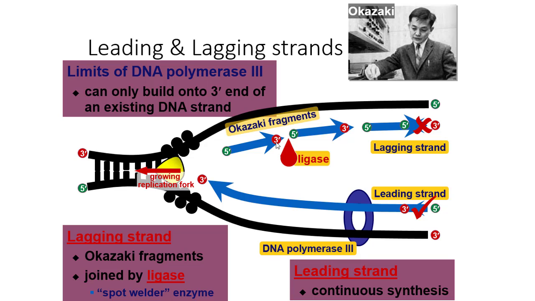The DNA polymerase has polymerization activity, 5' to 3' exonuclease activity and 3' to 5' exonuclease activity. Here 5' to 3' exonuclease activity means it removes the primer. If it is 3' to 5' exonuclease activity, it is proofreading.